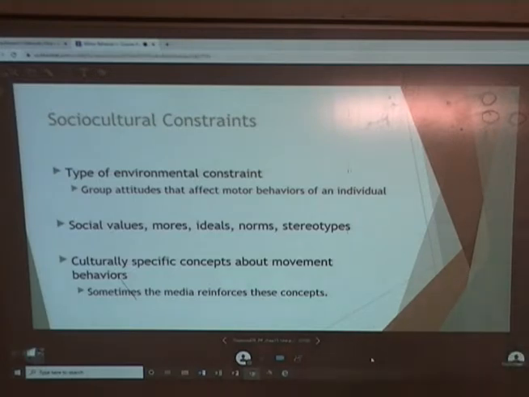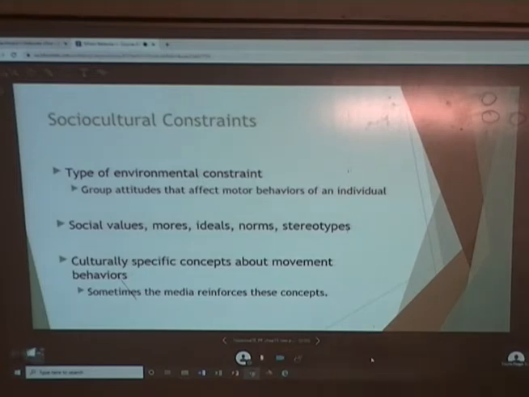So each culture, each group has their own value systems, their own mores that they follow and trust, the norms, the stereotypes that they hold, and culturally specific concepts about movement behaviors can impact what I learn and what I don't learn.